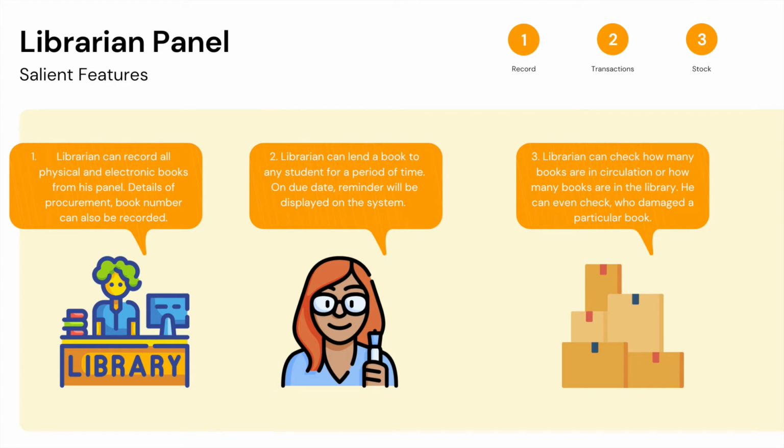After a few days, that particular book may be lent to some other student like Y, and if Y complains that the book is already damaged, in that case the librarian can check in which tenure the book was damaged, and the person who damaged the book can easily be caught. So this is a very special feature which we have added to our library management system.